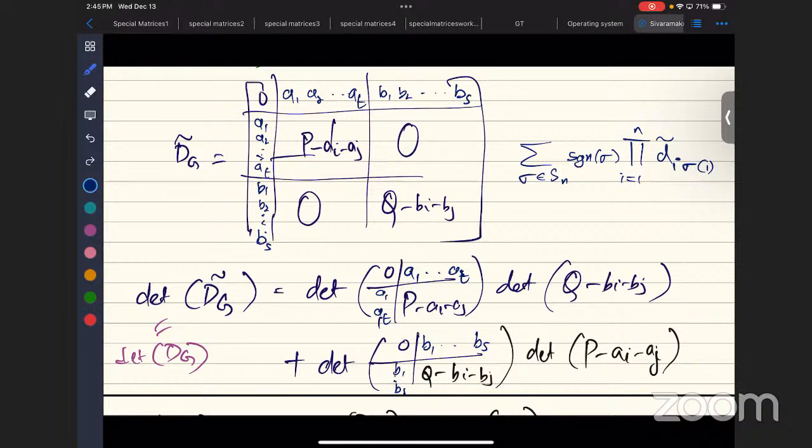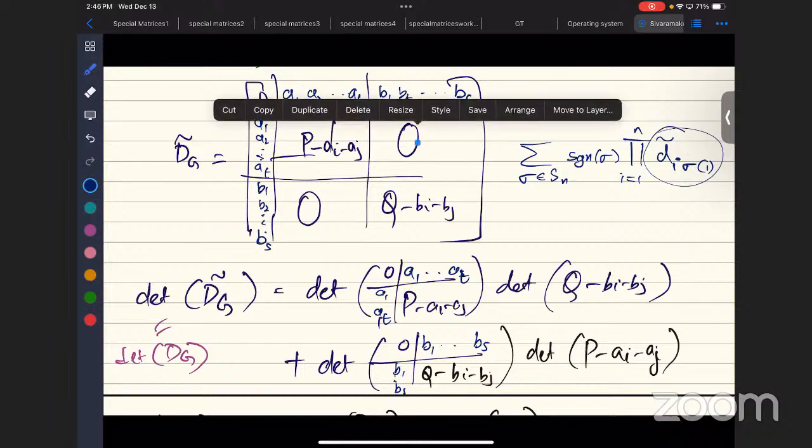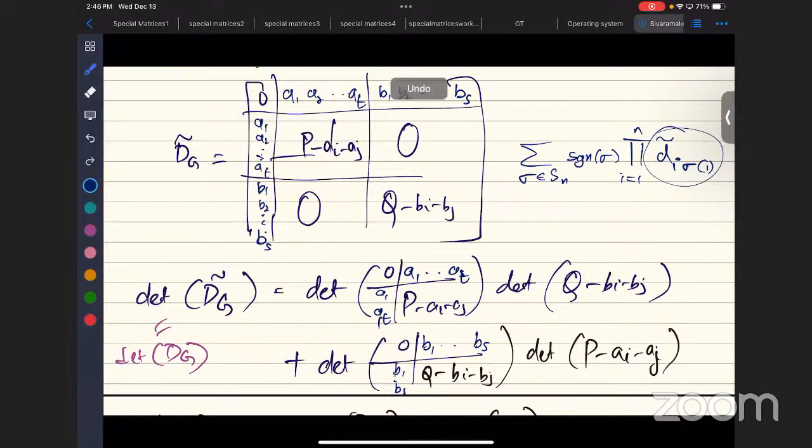So when will any D tilde_{i,sigma(i)} become 0? I mean, when will it fall here? First of all, it doesn't matter if it's 0 because of anything here.